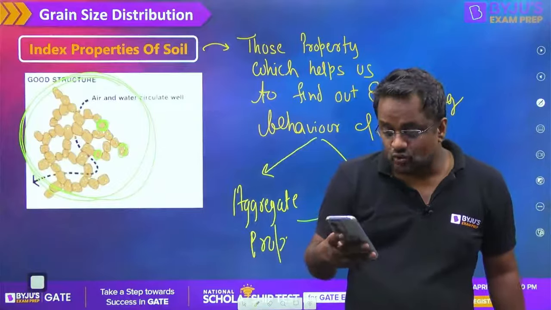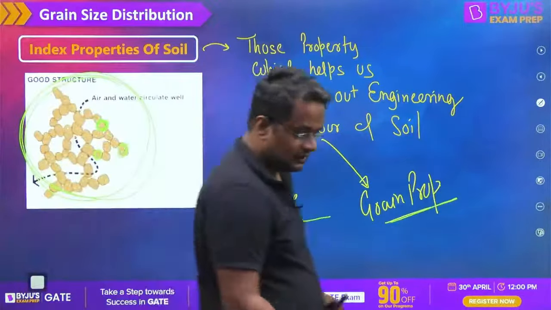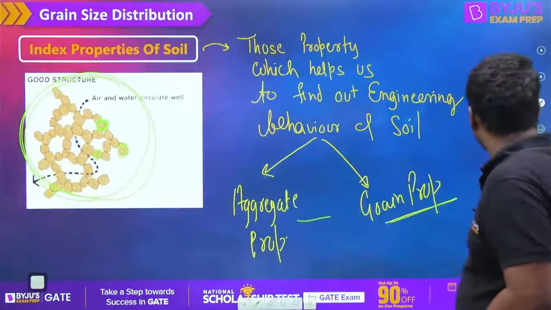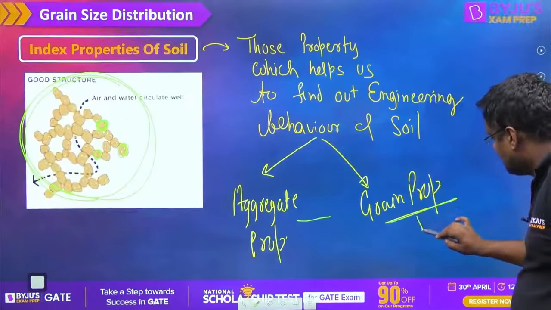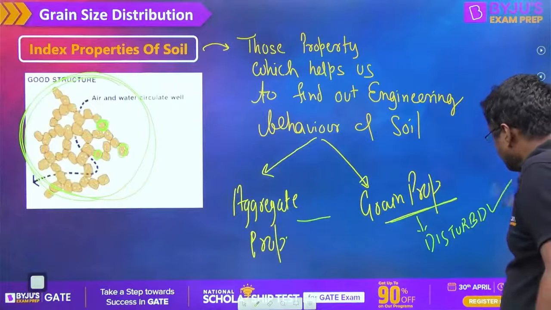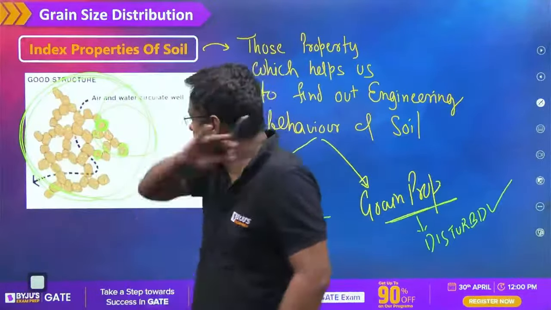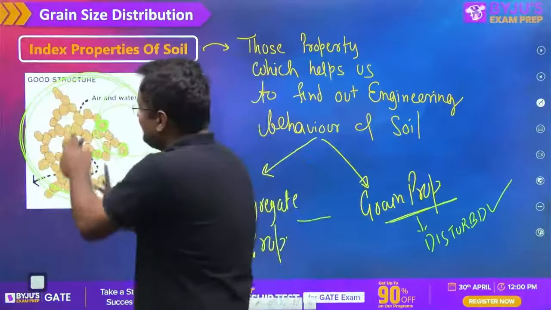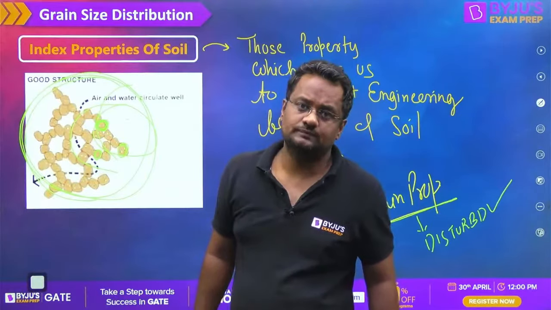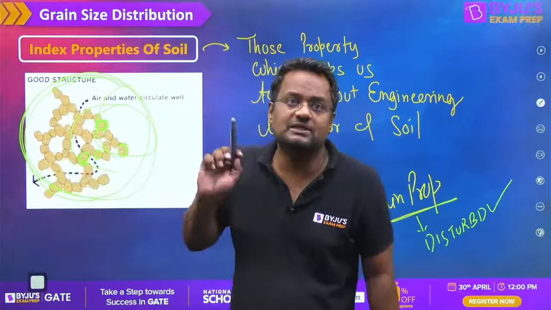Okay. Now it is very obvious. It is quite obvious that if we want a soil grain property, then in that case we can go for the disturbed sample also. Because even if you disturb this, even if we break this structure, the single grain, as we considered solids to be incompressible, is not changing.